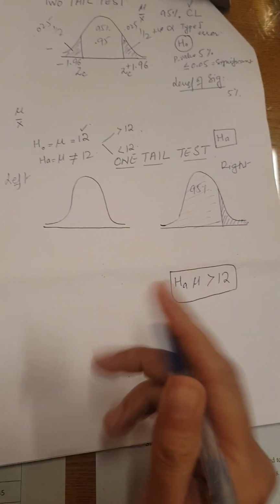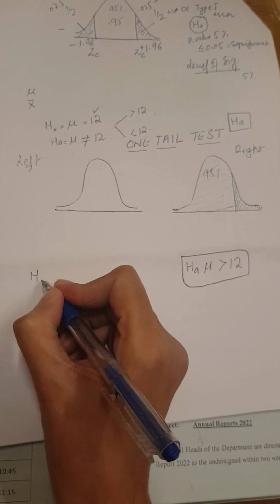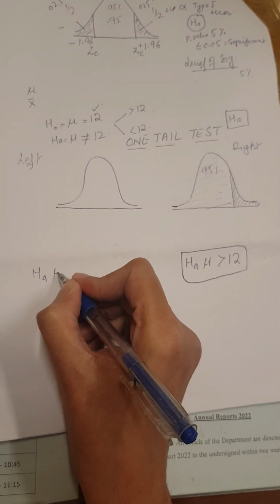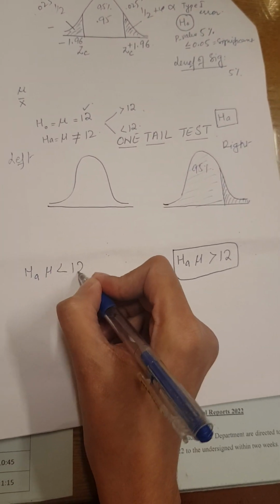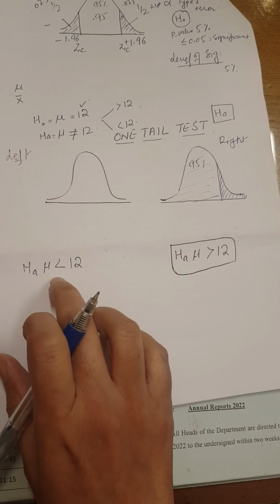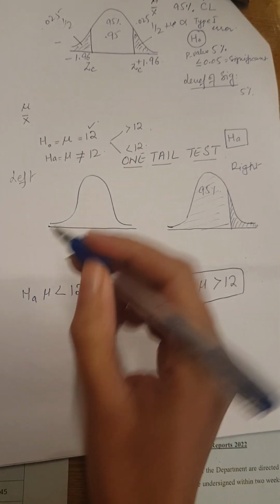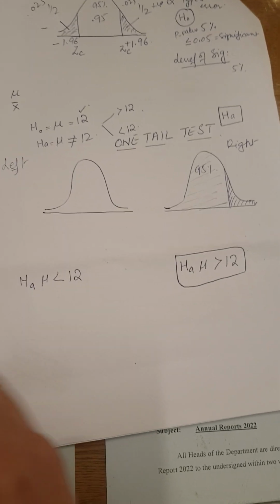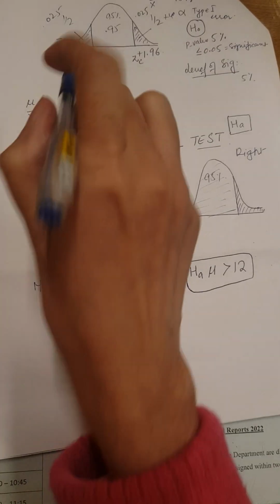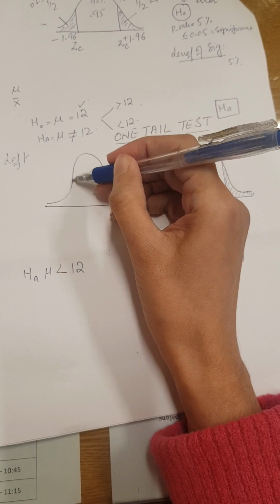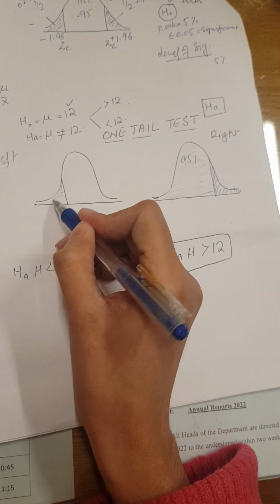And when our alternate hypothesis says that mu is less than 12, less than the value of the null hypothesis, then our rejection area will be on the left side, the negative side. So here is the rejection area.